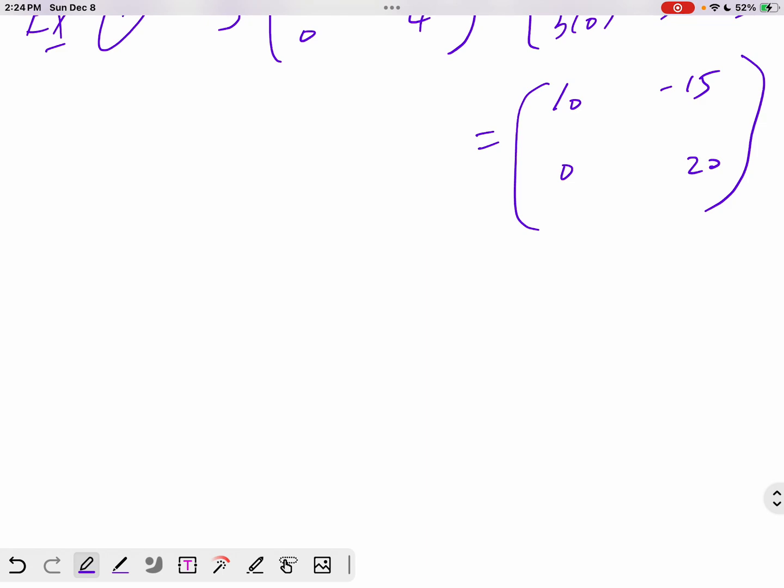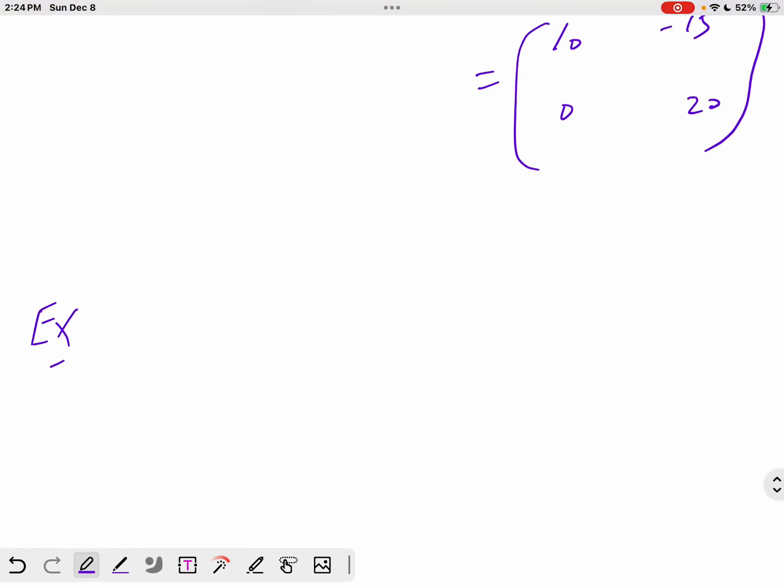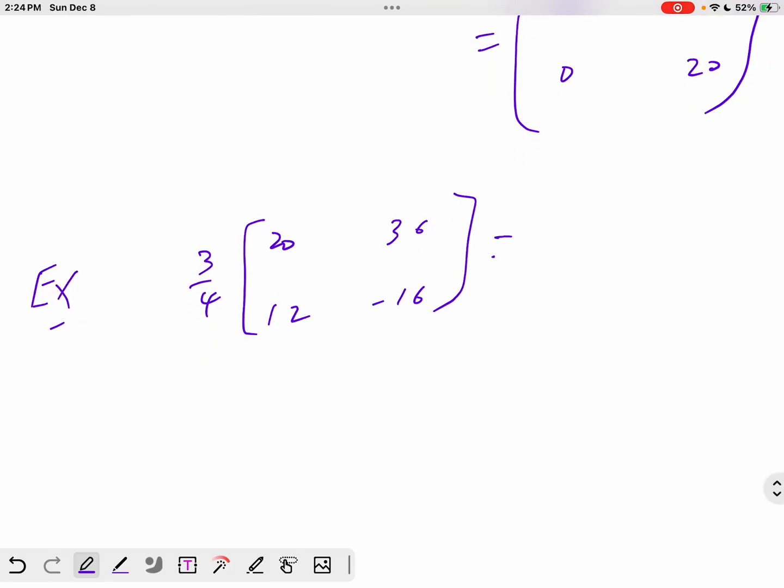Well, remember, k is a real number. It can also be a decimal or a fraction. Let's do one with a fraction. So for example, if the scale factor is 3/4, and we have a 2 by 2 matrix, 20, 36, 12, -16.